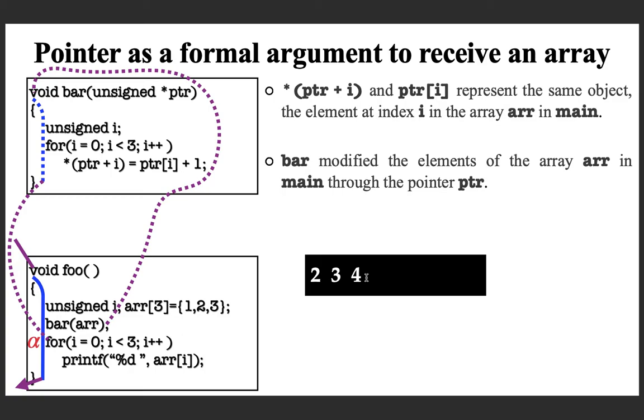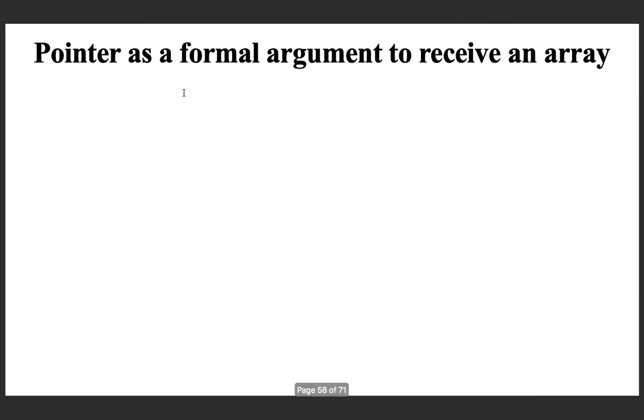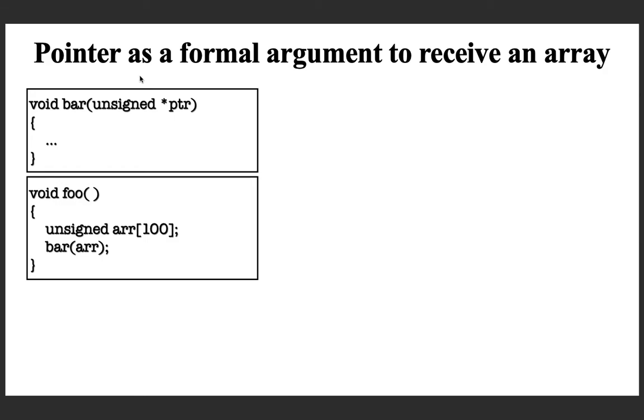So, this is how you can use pointers, and maybe in the next few slides we can connect it with the array notation. Okay. So, what we have seen is when we use pointer as argument to receive an array, this is how you can do it.